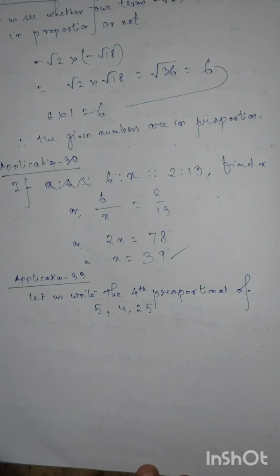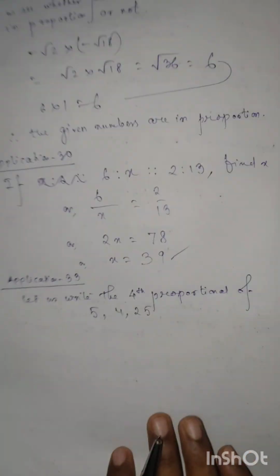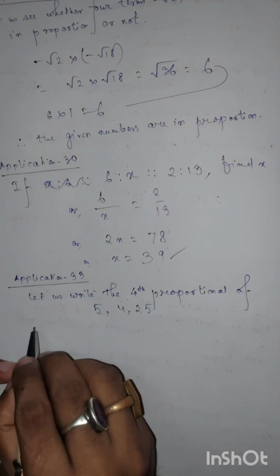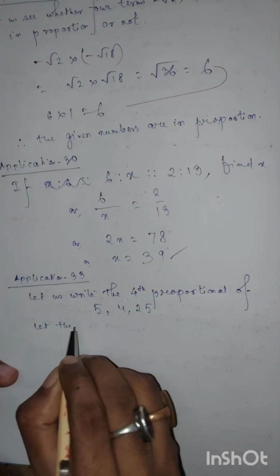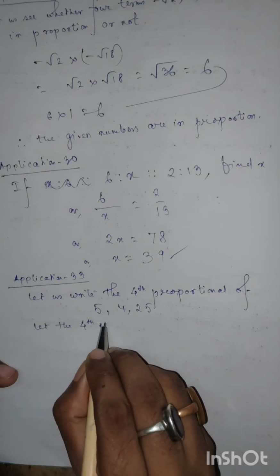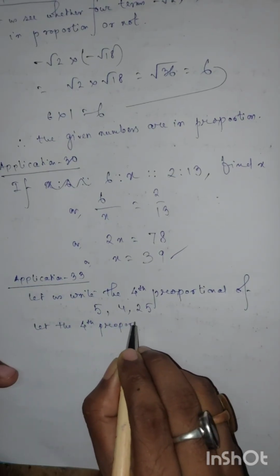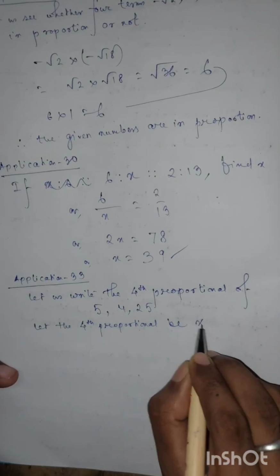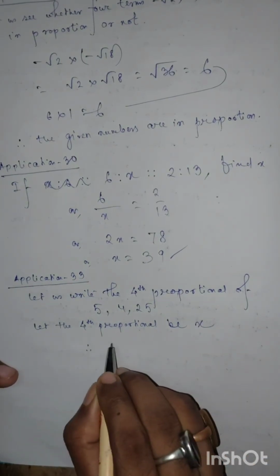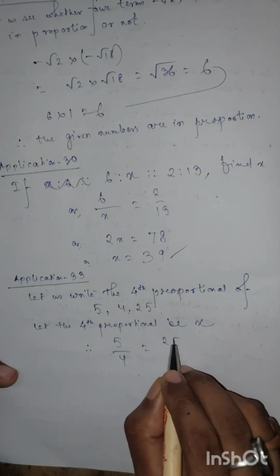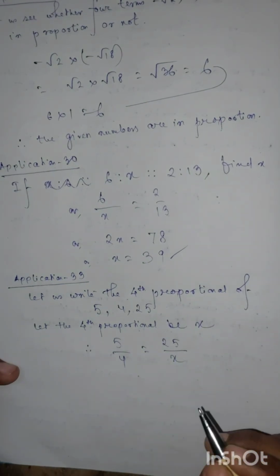So four numbers are in proportion. Let the fourth proportional be x. Therefore 5 by 4 is equal to 25 by x.